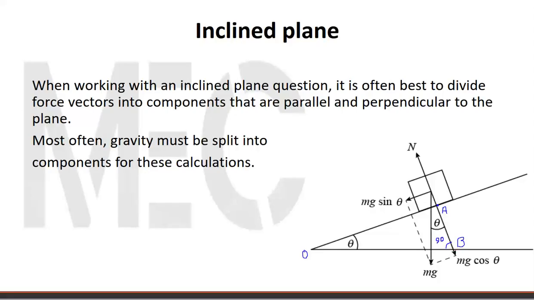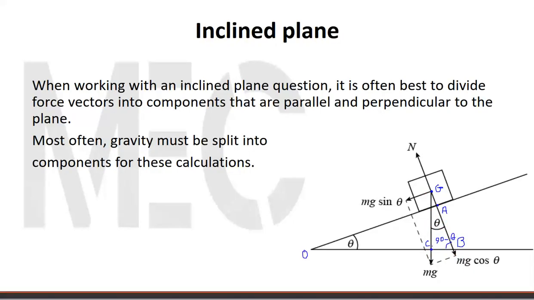Now, let's take this point C and take this point to be D, and G, the center of gravity or centroid of this box. In triangle GBC, this is 90 minus theta, and therefore this angle must be theta.